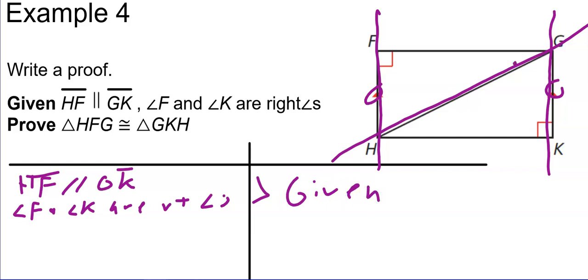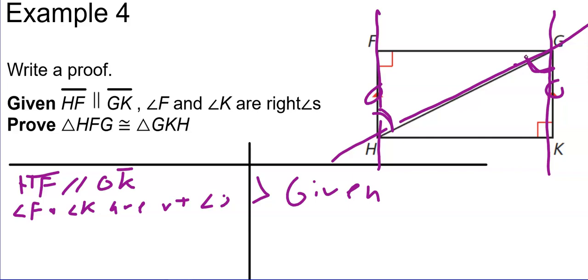Now, since we have parallel lines and a transversal, we know that this angle right here and this angle right here are congruent. Alternate interior angles. Oh, oopsie, that's the same triangle. That was silly. This angle right here and this one are alternate interior angles, alternate on the other side of the line. All right. So I'm going to name these.